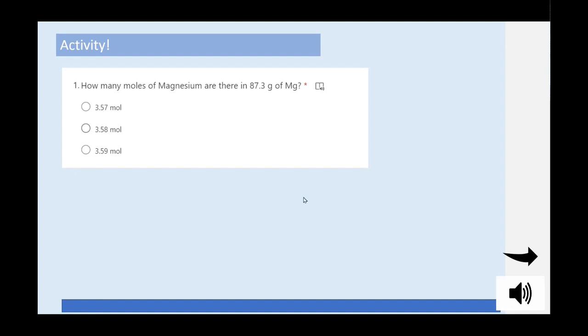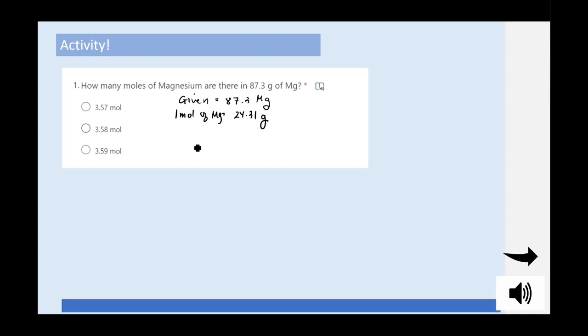Okay, so let's apply what we've learned a while ago. Remember, the first step is to write the given. Our given here is 87.3 grams of magnesium. And then let's write our conversion: 1 mole of magnesium is equal to the atomic mass of magnesium, which is 24.31 grams.